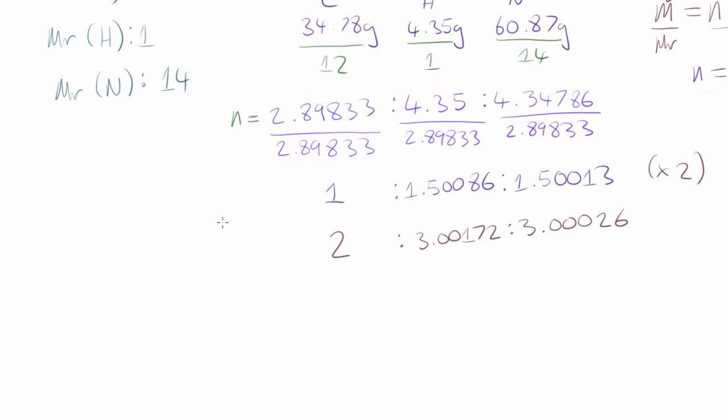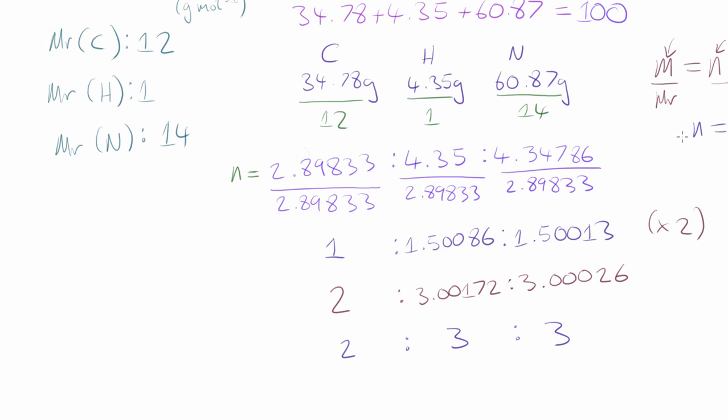So our new molar ratio here between them is going to be 2 to 3 to 3, right? Now the question arises, is this our simplest whole number ratio? Because that is what we're looking for in the case of an empirical formula.